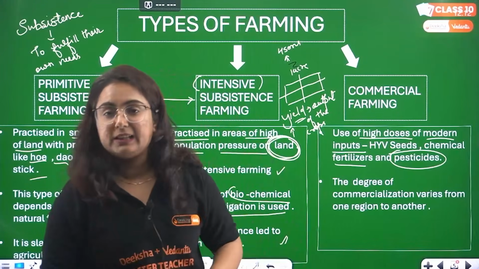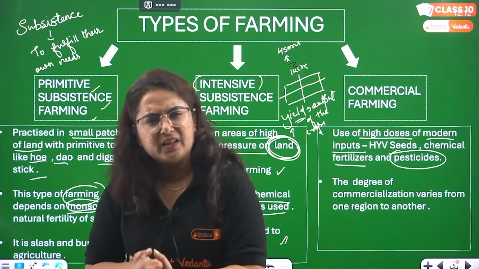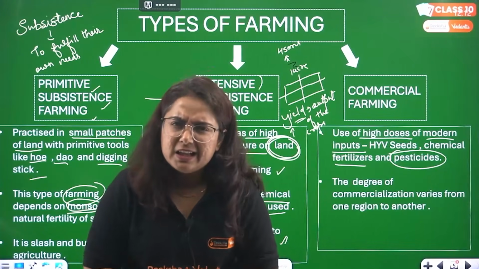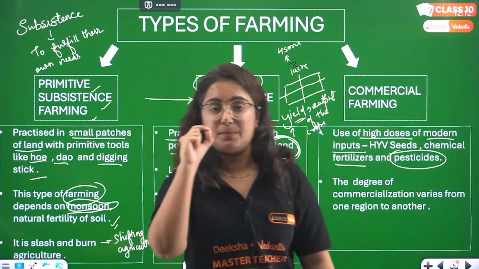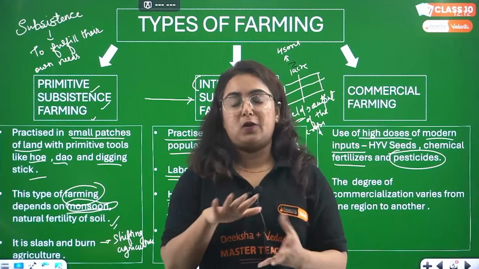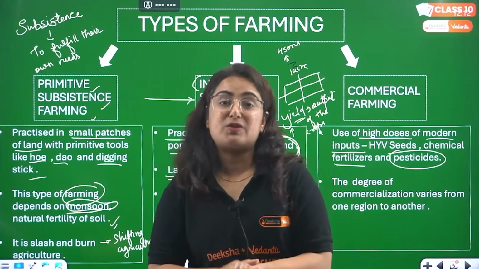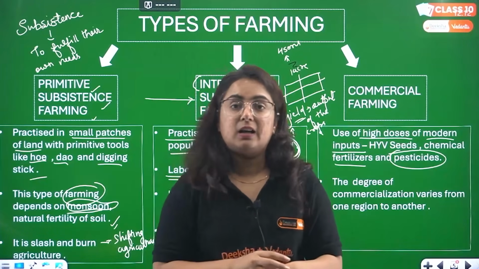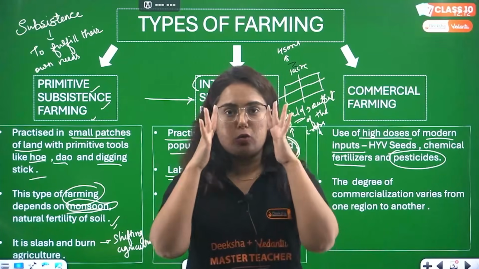Acha, one more thing that I want to tell you about: commercialization varies from one region to another. And what is that? See, beta, rice. Rice is particularly grown in the region where ample rainfall is there. Okay? In India, rice is majorly grown in West Bengal, Odisha, then parts of Northeast India where rainfall is there, and also it is a coastal region.